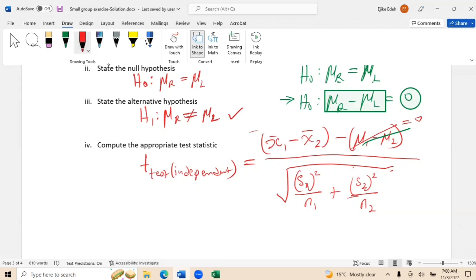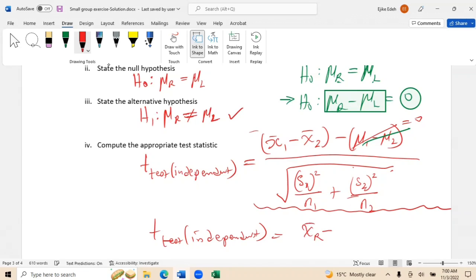Let me go to red so we can write it in a less more harmonious way. So the t-test for independent samples would then be just the mean of the right minus the mean of the left, just to make it clear, but you're having group 1 or group 2.